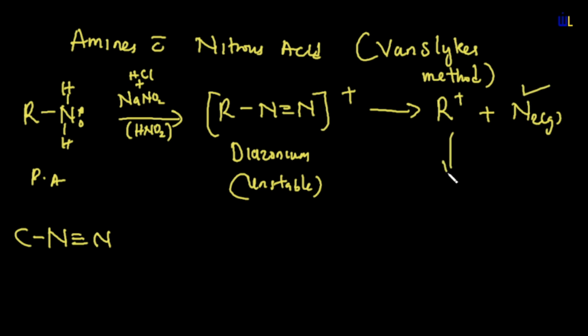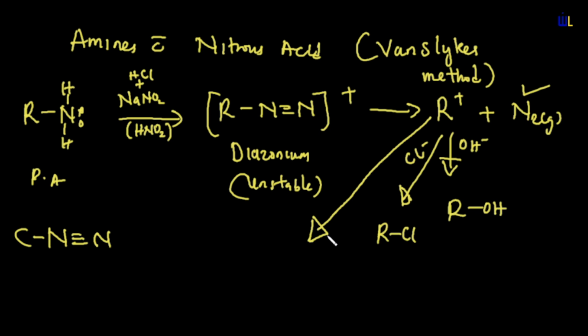This particular carbocation, dependent on the reactants, if you have a hydroxyl group present, the carbocation reacts with the hydroxyl group to form an alkanol. On the other hand, if you have a chloride group present, this carbocation in the presence of a chlorine group would react to form a chloroalkane, depending on what this particular alkyl group is.